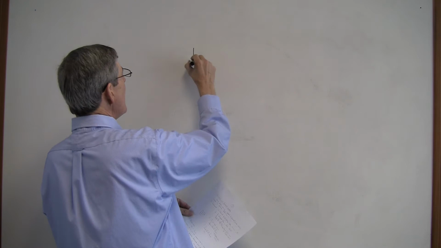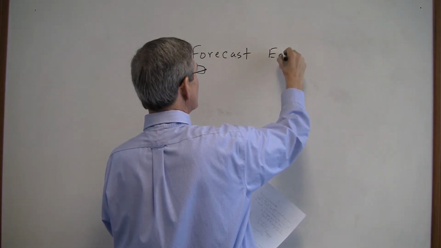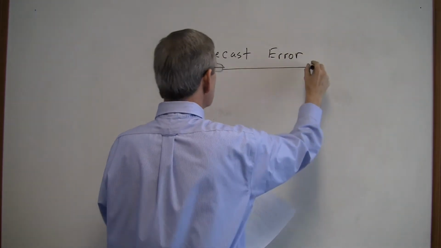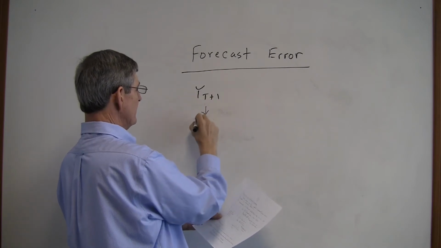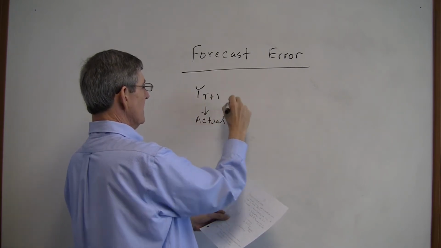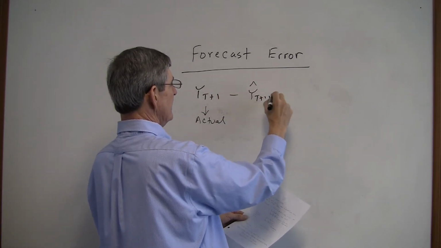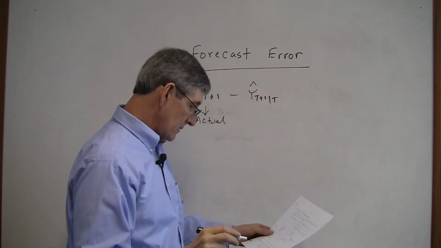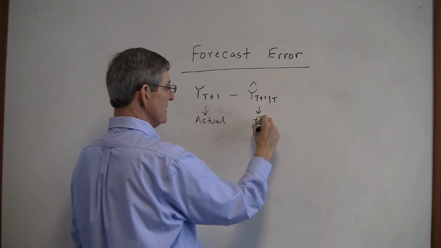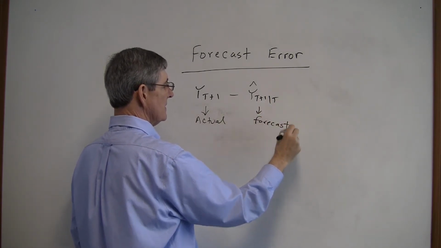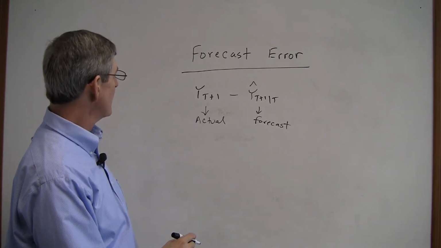Then we could talk about the forecast error. And that's going to be the actual value at t plus 1 minus y hat t plus 1 given t. The difference between the true and the forecast. So that would be the forecast error.